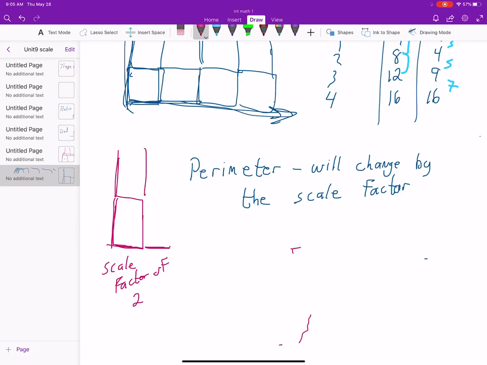So I'm going to have something that looks like this. So now I've doubled it this way and doubled it this way. But the perimeter, because it's a distance that goes all the way around, is just going to go up by a scale factor of 2. So whatever the perimeter was before, we don't know what it is because I didn't include it, it's going to be double what it was. All right. That's how perimeter works.